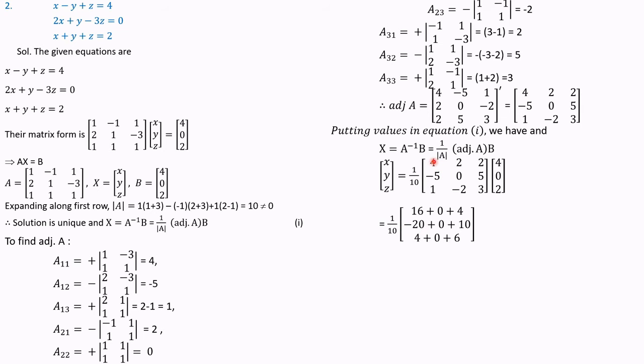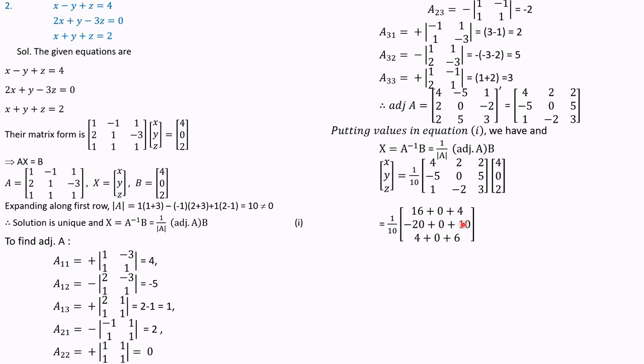Then it is a matrix multiplication, row into column: 4 into 4 is 16, 2 into 0 is 0, 2 into 2 is 4. That gives the first item.